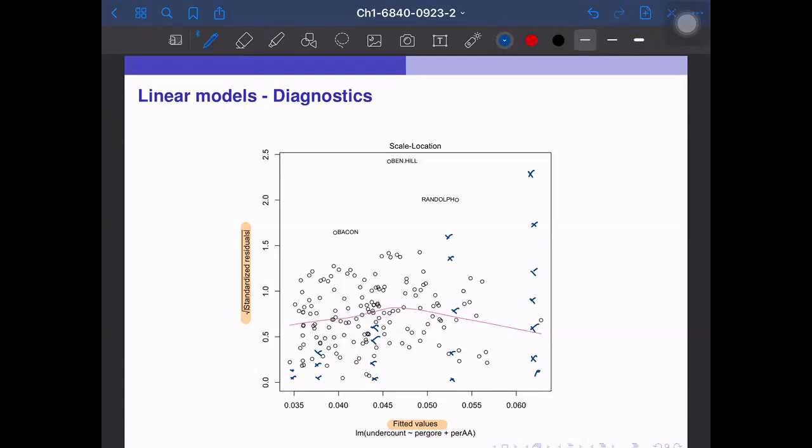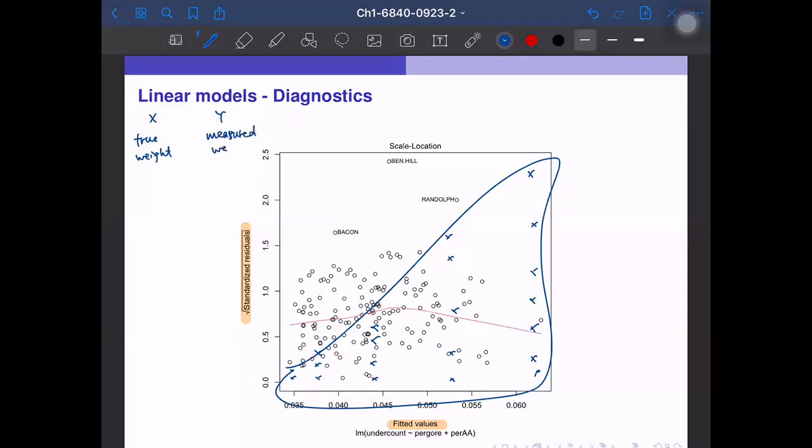So think about the case to explain why this kind of figure happens when y is not transformed appropriately. We think about one example where x is the true weight of some animals and y is the weight measured by some scale.